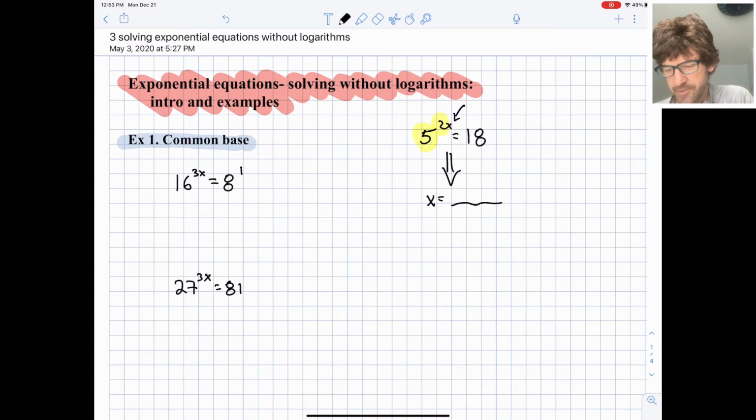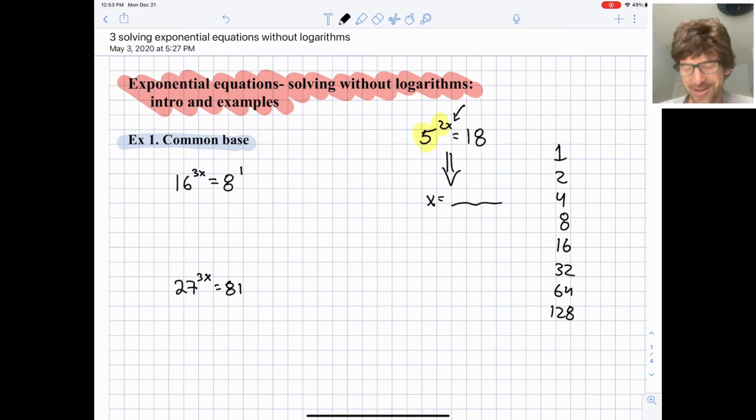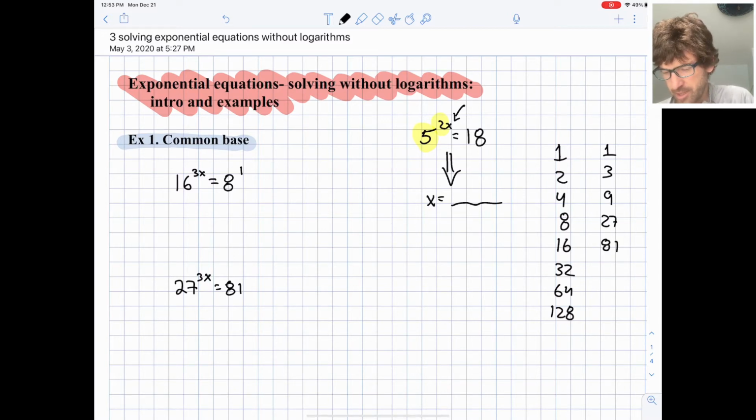If we have powers of 2, 2 to the 0 is 1, 2 to the 1 is 2, 4, 8, 16, 32, 64, 128. You could keep going literally forever, okay? And then powers of 3, we could have 1, 3, multiplying by 3 each time, 27, 81, 243, and that's all I have memorized at this point, okay?